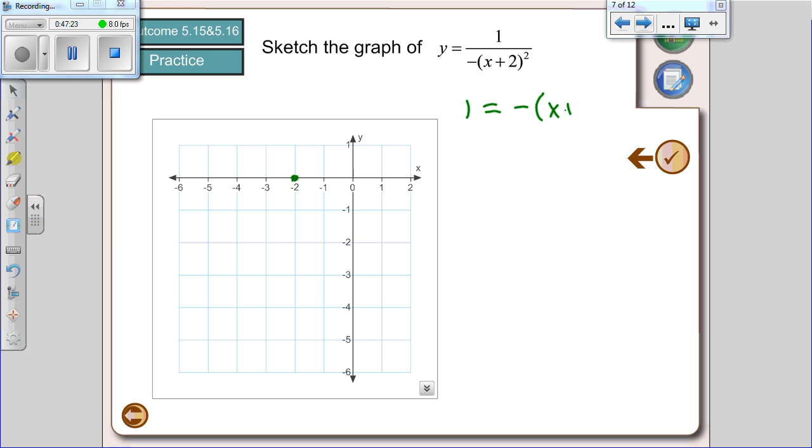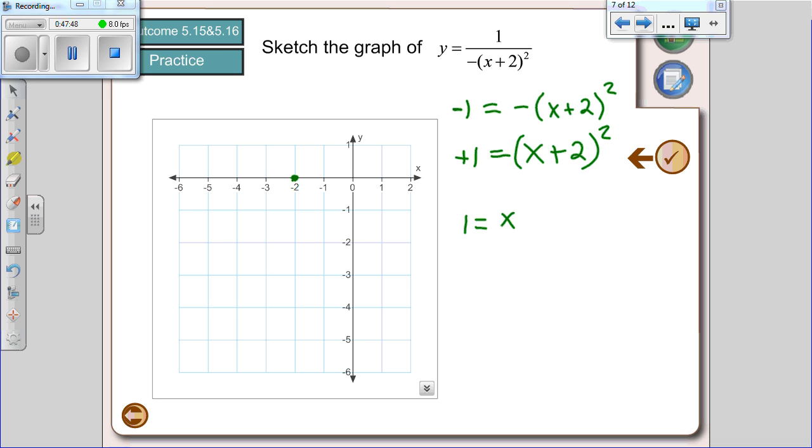So I divide by a negative, makes it a positive 1 is equal to (x plus 2) squared. Square root both sides, and you're going to get 1 still. Subtract 2 from both sides, so you get a plus or minus 1. We square rooted, right? You're going to go negative 2 plus or minus 1 is equal to x.